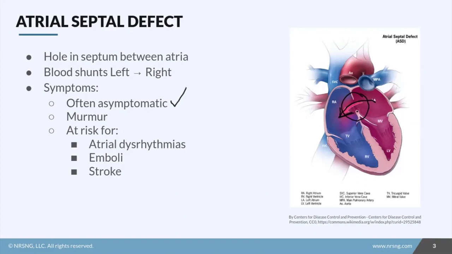But what they could have is a murmur. And if they do have symptoms, it's probably going to be things like dyspnea and frequent respiratory infections. Now, when these present in adulthood, adults may complain of heart palpitations and shortness of breath as well. One thing to be familiar with is that when these patients go undiagnosed, they are at risk for having atrial dysrhythmias and developing clots, and then also they're at risk for stroke because of those clots being formed.